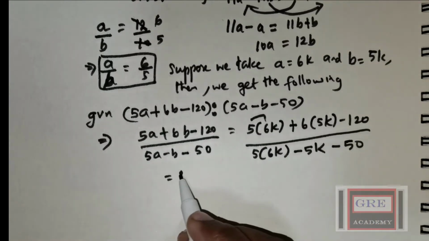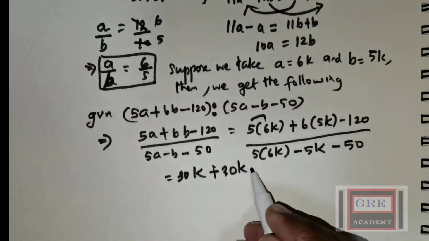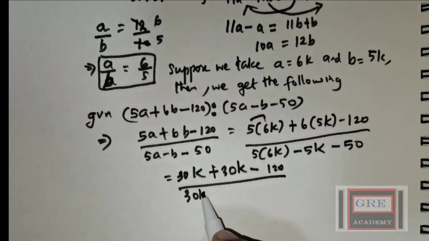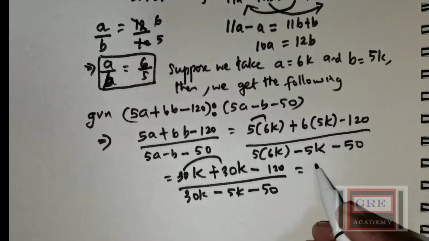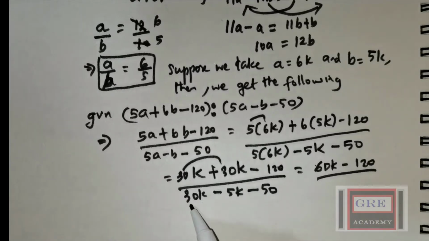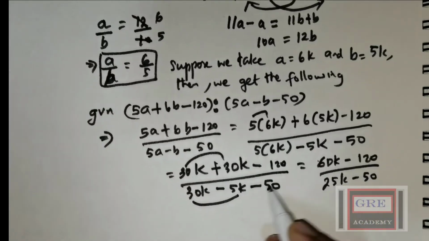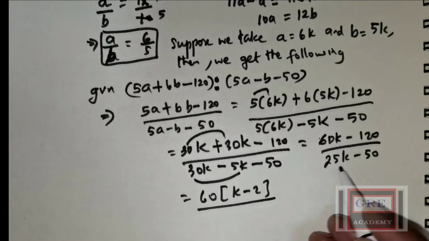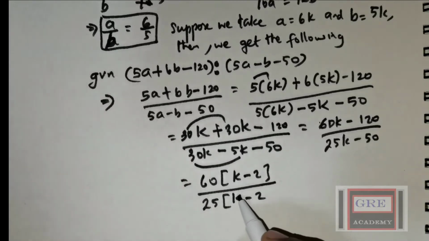Now 5 times 6 is 30, you have a k there, positive 6 times 5 is 30, you got a k there, negative 120, divided by 5 times 6 is 30k followed by negative 5k negative 50. 30k added with 30k would give you 60k followed by negative 120, divided by 30k negative 5k would give you 25k negative 50. Now from the numerator you can take 60 out, you would get k − 2. From the denominator you can take 25 out, you would get k − 2.